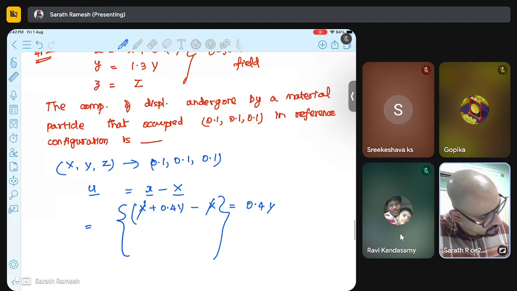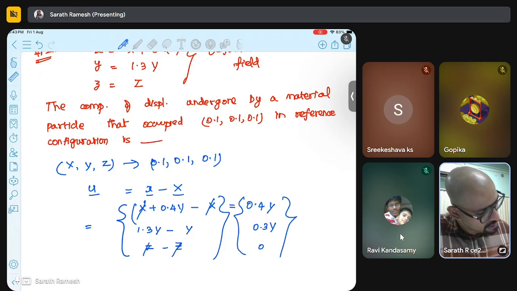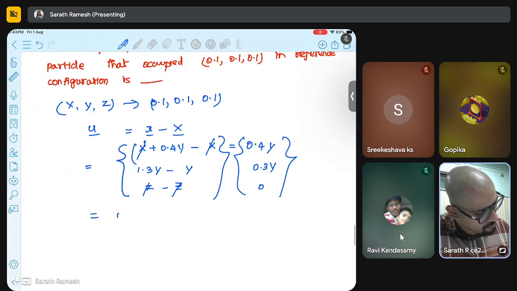Small y is 1.3 capital Y minus capital Y, which is 0.3 capital Y. And z is capital Z minus again capital Z, 0. That's it. So this is 0.4Y ex plus 0.3Y ey plus 0 ez. This is the displacement vector.